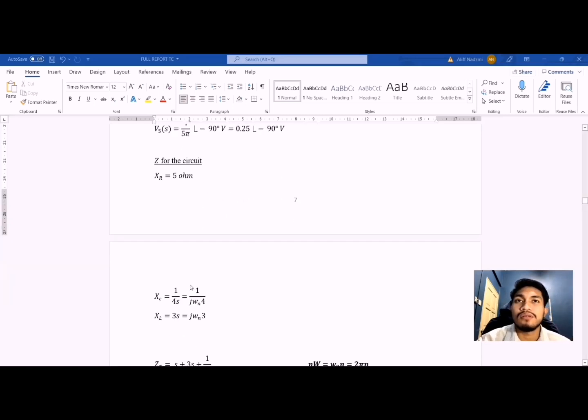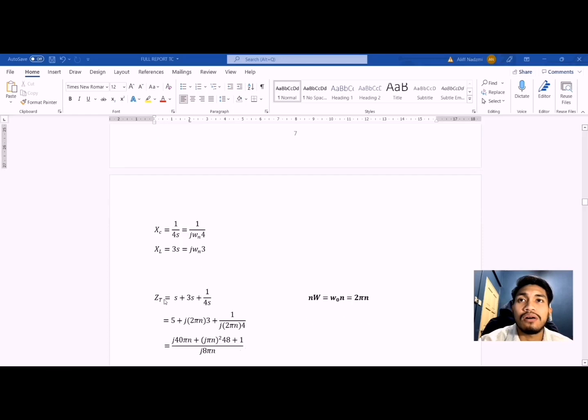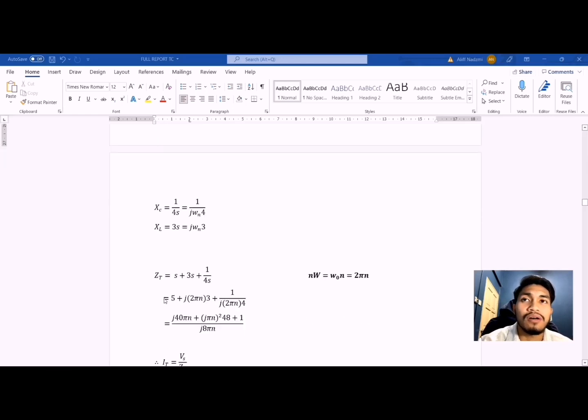For the next step, we need to find the current that is supplied through all the components in the circuit. Since the circuit is connected in series, each component will receive the same current. By using Ohm's law, we need to find the Z total of the circuit and also the V total for the circuit.